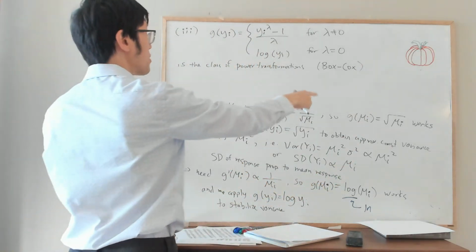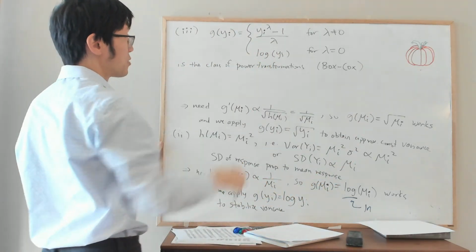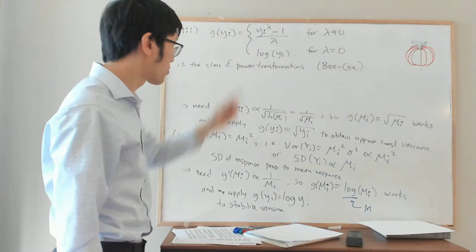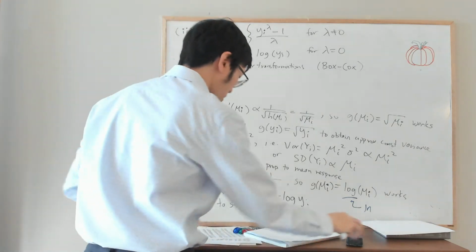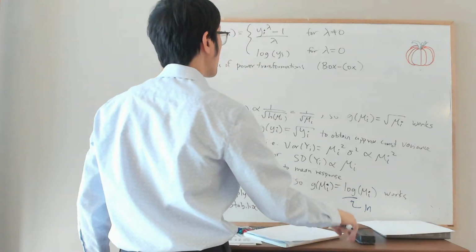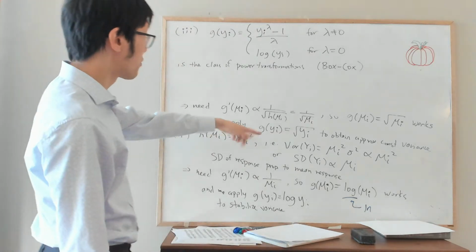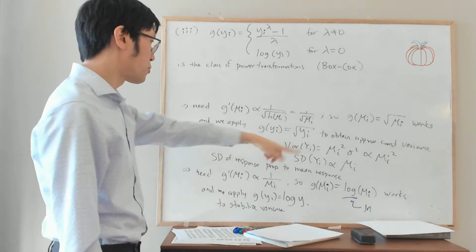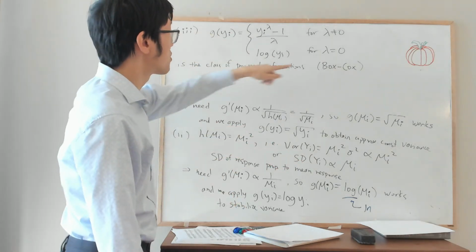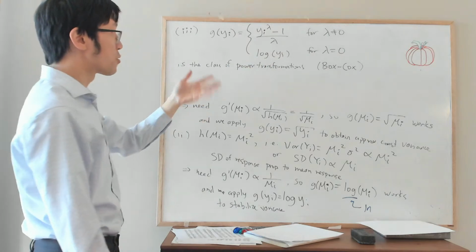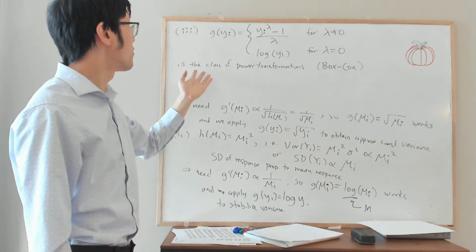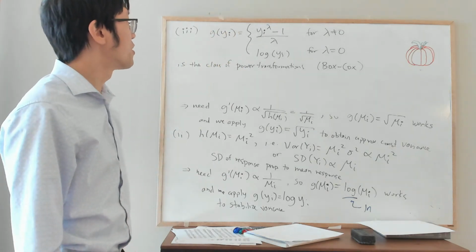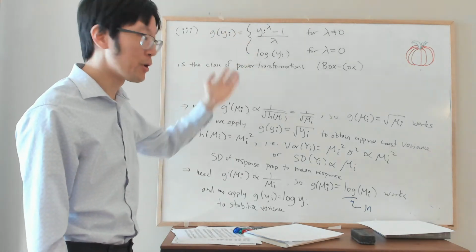We can use likelihood methods to find the optimal value of lambda. Some specific examples: a square root transformation is lambda equals a half. The log transformation, according to this definition, is lambda equals 0. And the reciprocal, 1 over y, is also covered by this class of transforms, with lambda equal to minus 1.